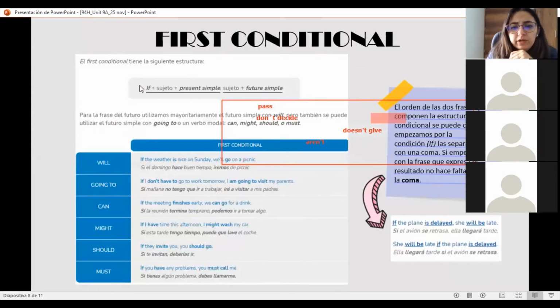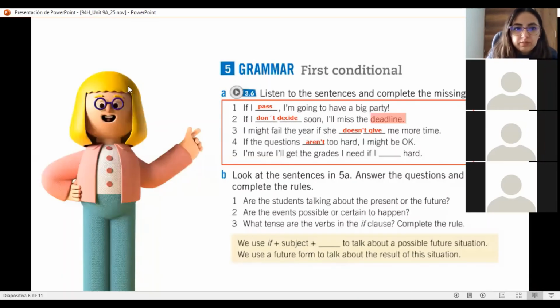Good. It's work. Sorry, something happened with the presentation. Yes, it's work, right? I'm sure I'll get the grades if I work hard. Estoy seguro de que voy a obtener las notas que necesito si estudio muy fuerte.